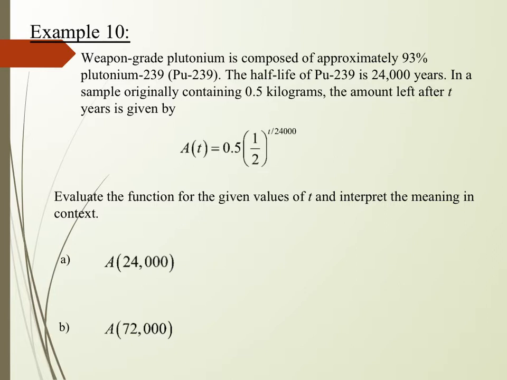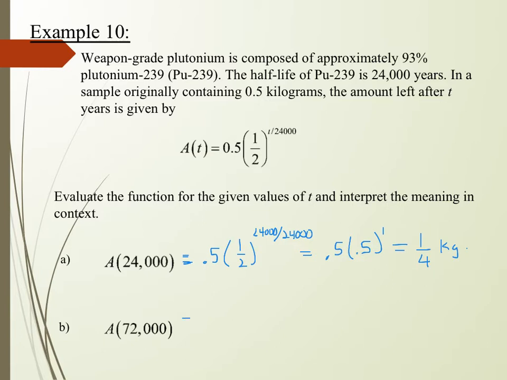So the amount after 24,000 years is 0.5 times 1/2 raised to the 24,000 divided by 24,000, and that's just 1. So that's 0.5 times 0.5 raised to the 1 power. And guess what? That is 1/4 kilograms that we have left after 24,000 years.